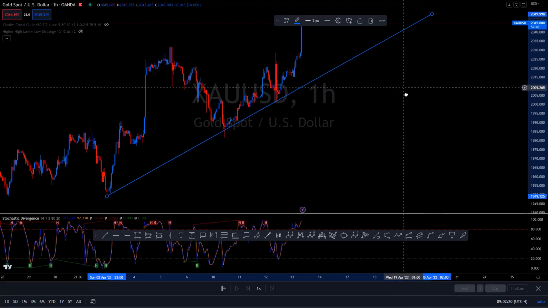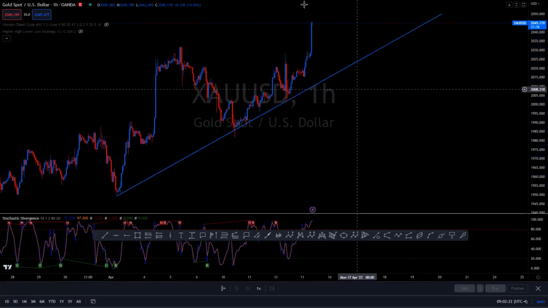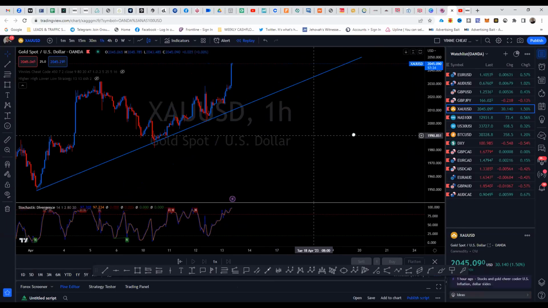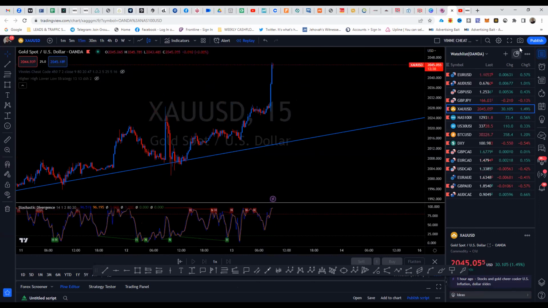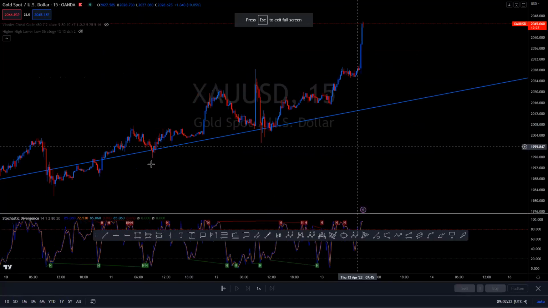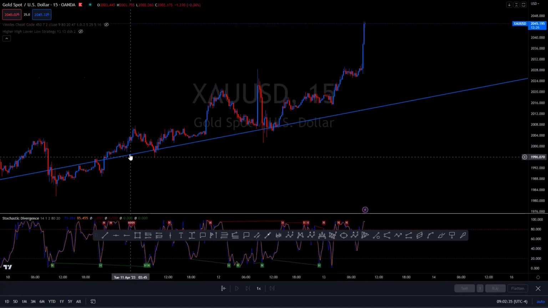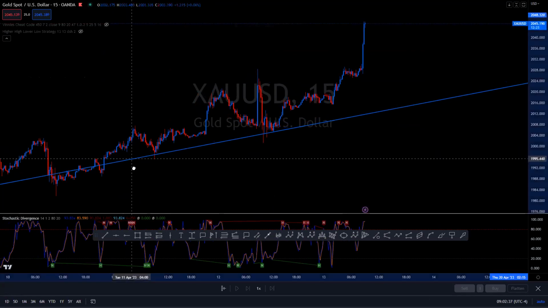Okay. And that's what we see. What we're going to do is go to the 15-minute time frame. All right. And then the very next thing we're going to do is find out what the current trend is. And obviously we still see that price is in an upward motion.